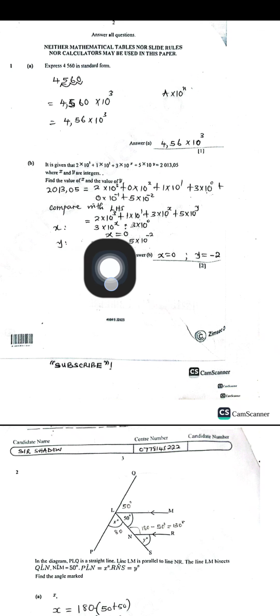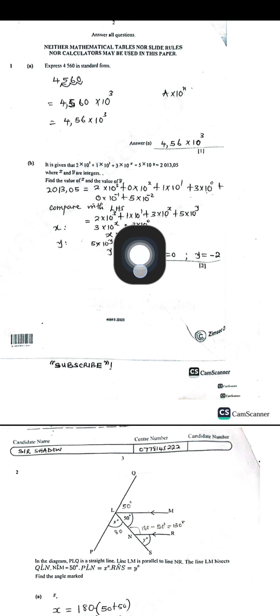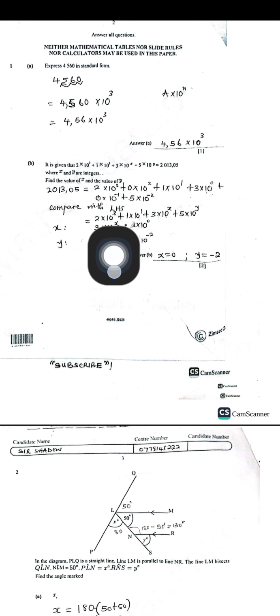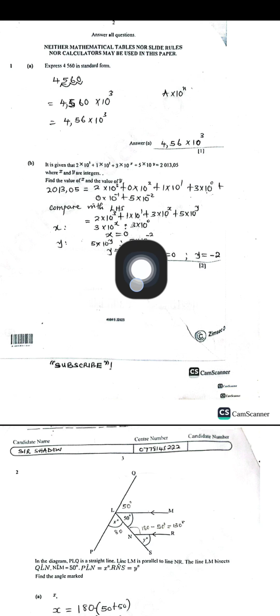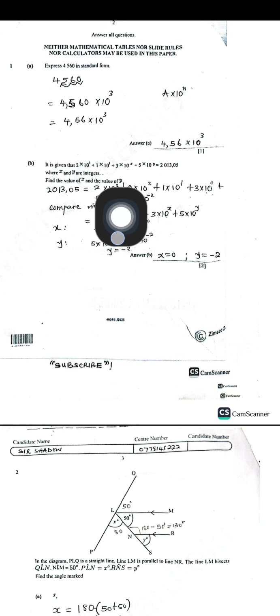Let's compare something which is common, considering where there's x or where there's y. Let's consider first x. Remember, x is where there is 3, 2, 1, 0.